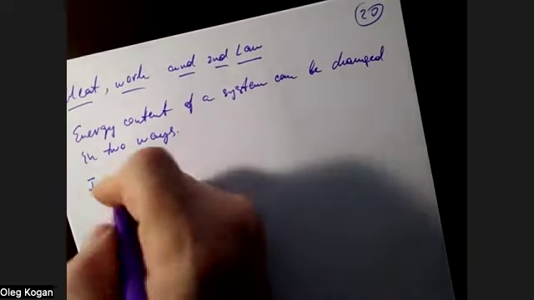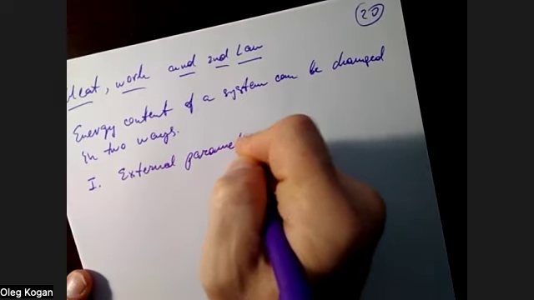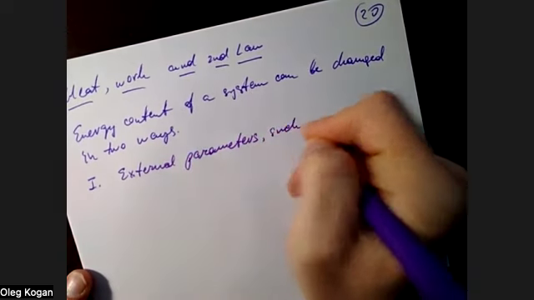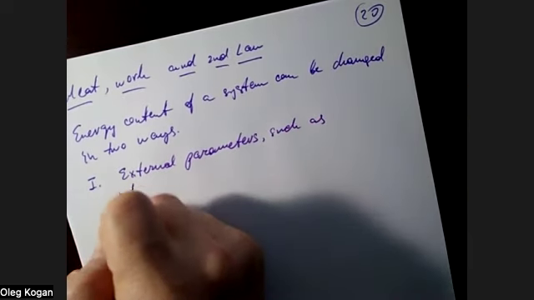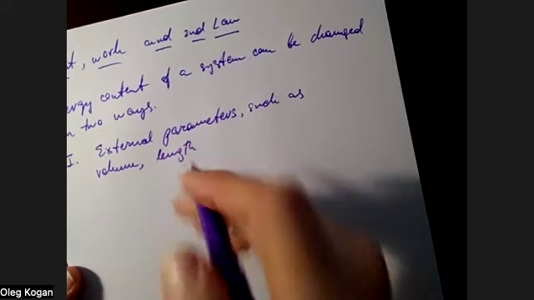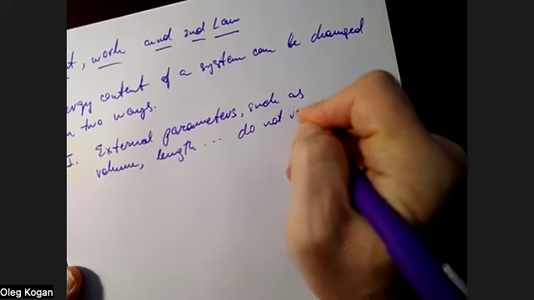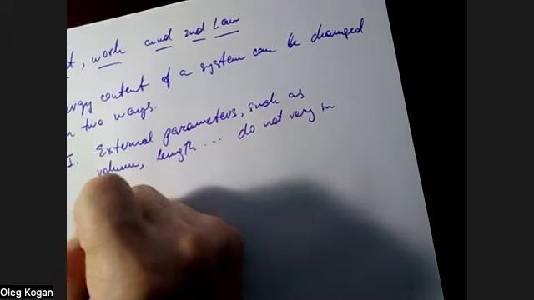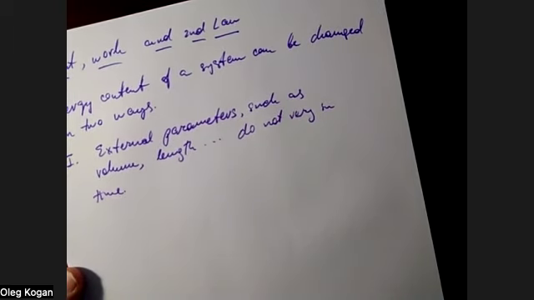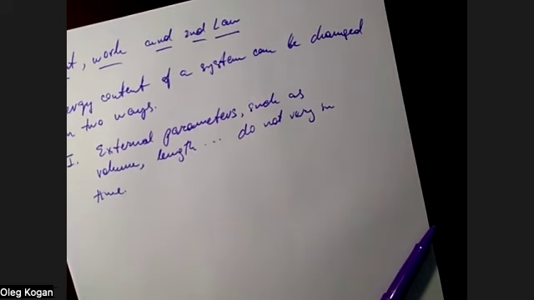Okay, so external parameters. This means there's no work involved, because when you do work on the system, you have to change some external parameter. You have to change the volume by applying pressure.